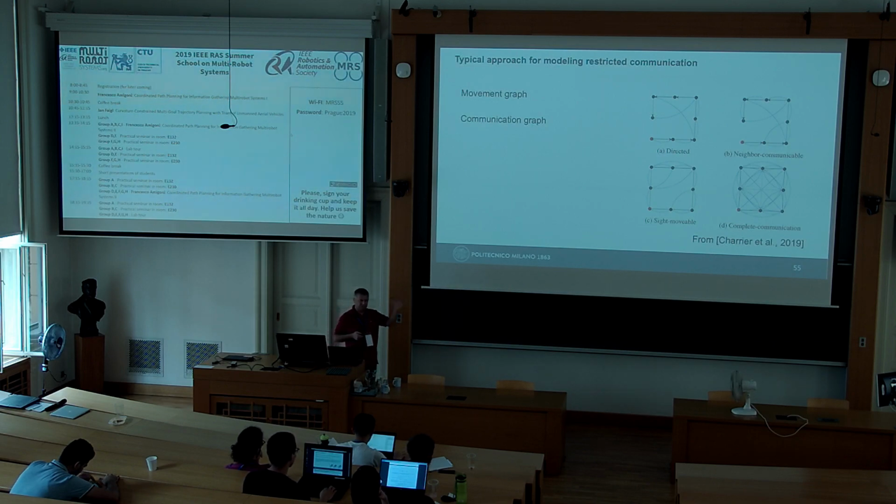The models can be simple. The communication graph can be just a graph, or it can be a weighted graph. So you can also attach to the edges of the communication graph a number, which is the quality or the bandwidth, something that is related to how much information you can communicate.